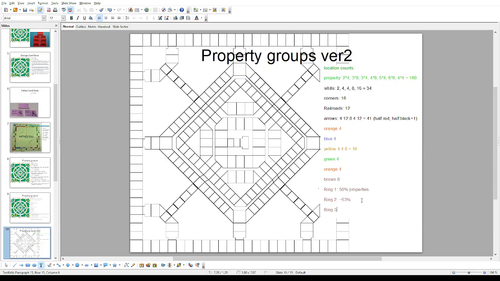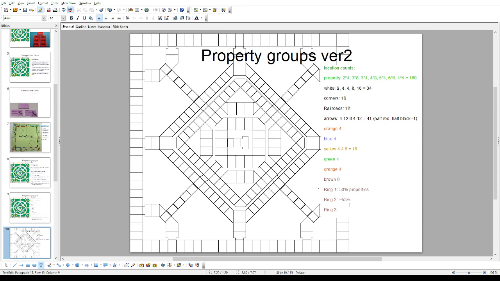Ring 3 does not have a subring, so that'll make the math on this relatively easy. 1, 2, 3, 4, 5, 6, 7, 8, 9, 10, 11, 12, 13, 14. 14 per side. I am currently planning to have groups of 4.